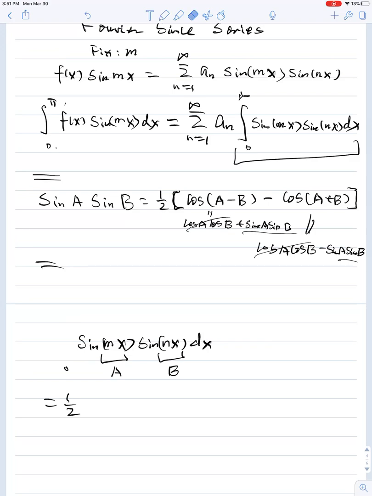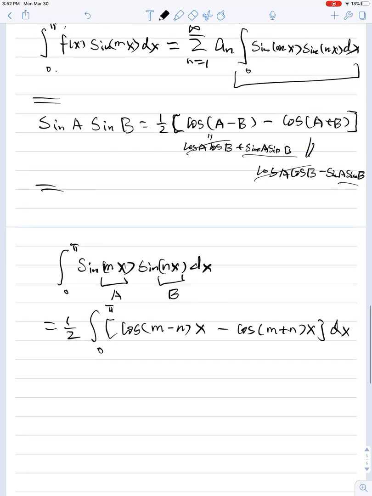The integral here actually is from 0 to pi, not from 0 to infinity. So that is the integral from 0 to pi of 1/2 of cosine (m minus n)x minus cosine (m plus n)x dx.